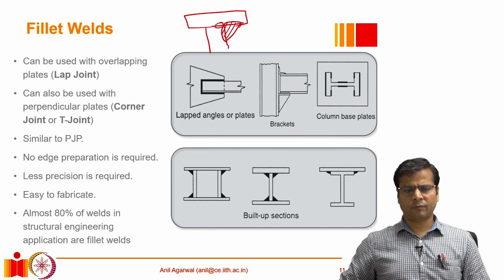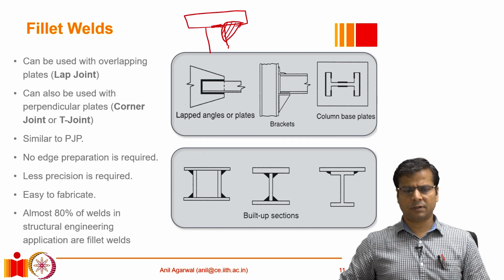There is an option of going for a deeper penetration fillet weld, depending on the amount of energy we are releasing, but let's not get into that. Typically, you would always have a portion of the parent materials which are fused together and leaving behind a portion of the interface which is not fused together.